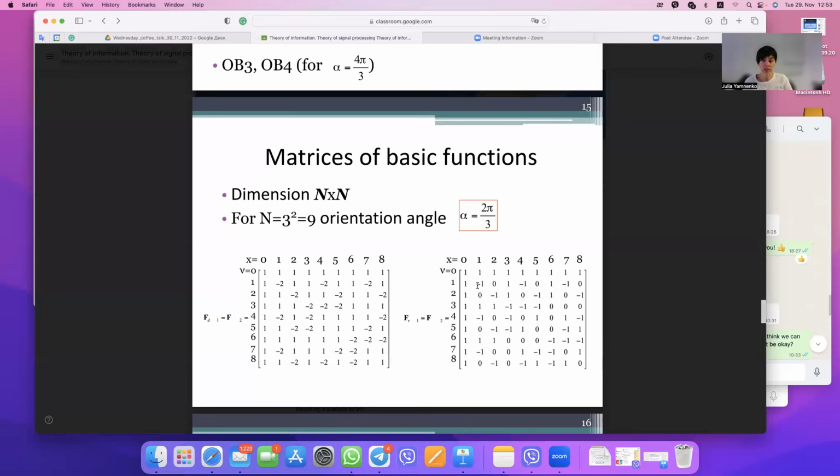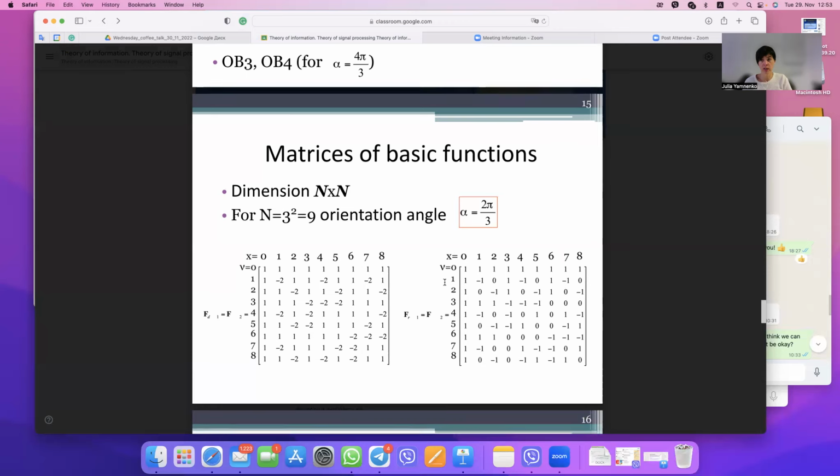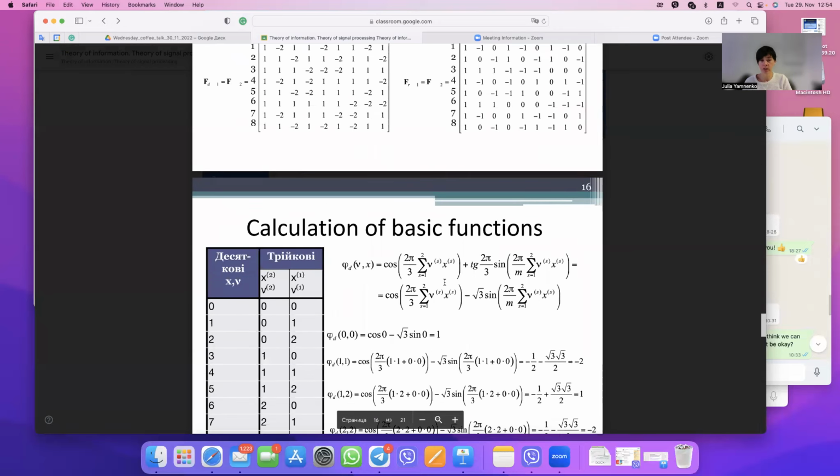So it's very easy to operate with this matrix, but this is only for the case m equal to 3. It's important, because if we select other values of m, for example 5, 7, and so on, the matrices will not be so simple. So only for m equal to 3 it is a very favorable case.